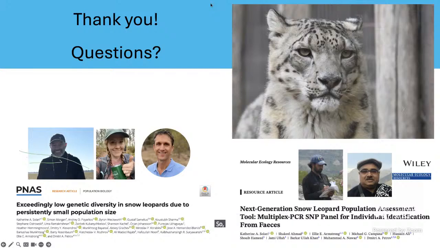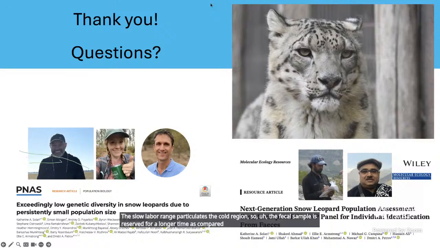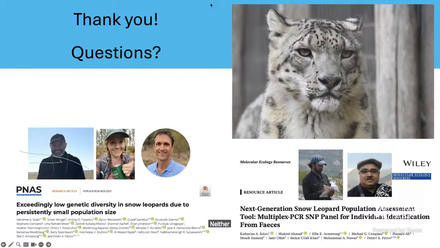So samples more than 2 weeks old are likely to compromise DNA extraction. In addition, it also depends on the environment. The snow leopard range in the north is particularly a cold region, so the fecal samples are preserved for longer as compared to other hot desert regions.